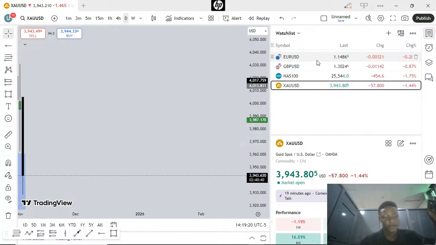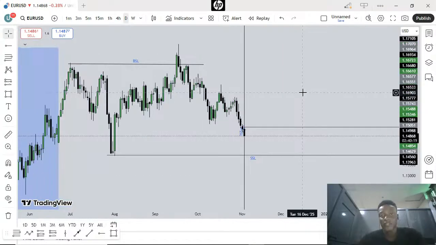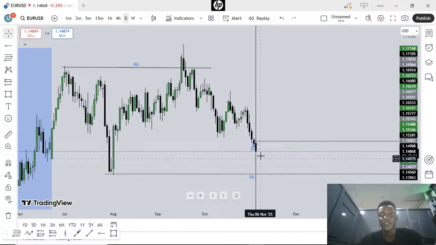For now, I'm still patiently waiting for a clearer direction. So probably tomorrow, maybe I'm going to be trading, depending on how busy I am, maybe I'm going to be trading London on sell side liquidity being taken out.